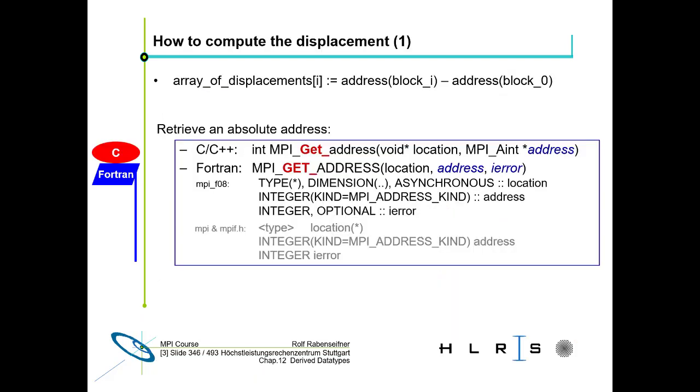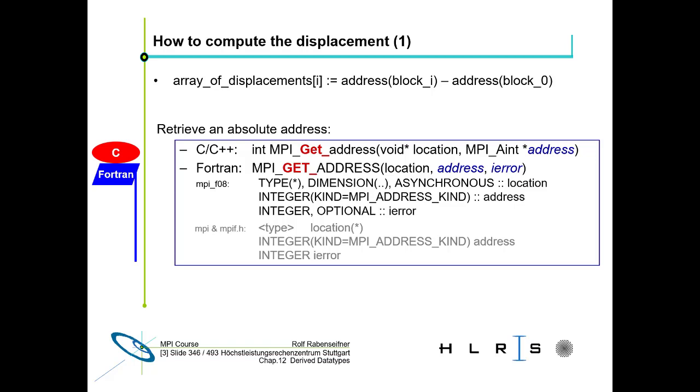How do we compute the displacements? The displacement for block I is in fact the address of block I minus the address of block 0. In C++ you could just try to get away with pointer arithmetic and the address-of operator, and that would kind of work, but it would not be really portable.